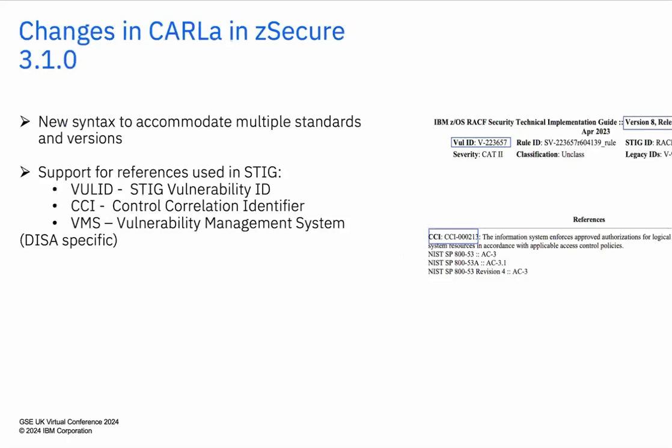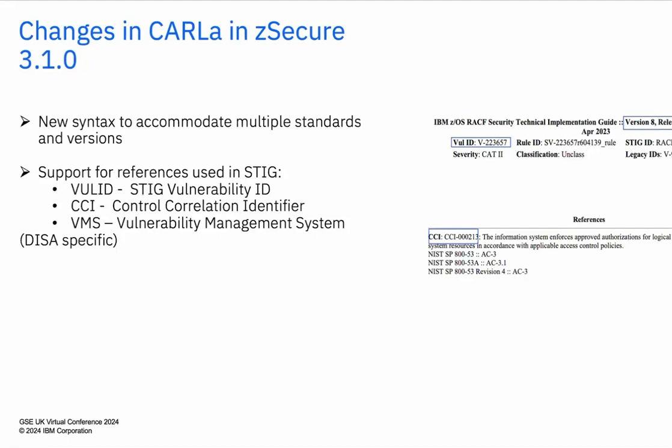Based on the changes DISA made, we also had to make changes in our software to accommodate many of the DISA STIG references, and also to accommodate multiple standards and versions, because DISA started releasing updates every 3 months. For users, it would be impossible to keep up with the new standard and do updates every 3 months.